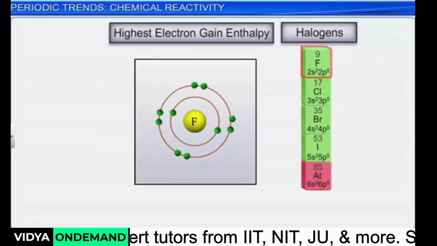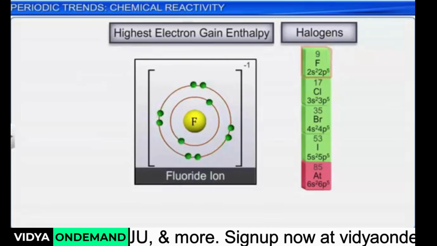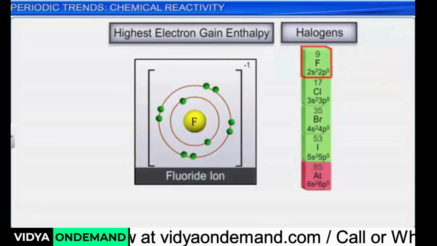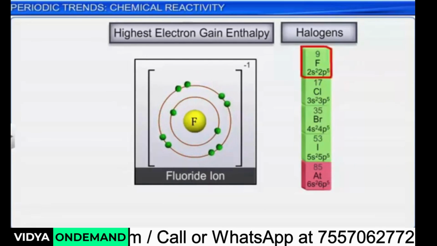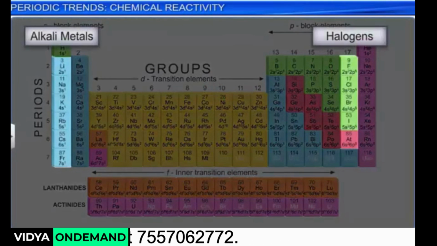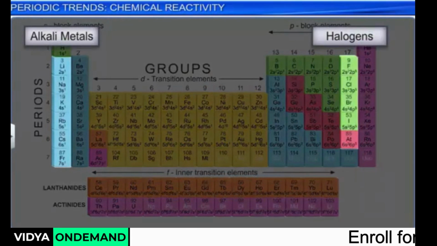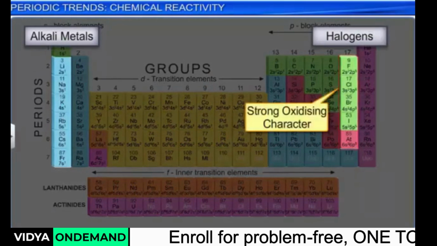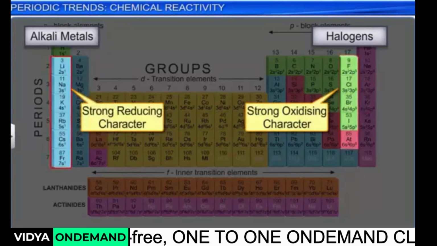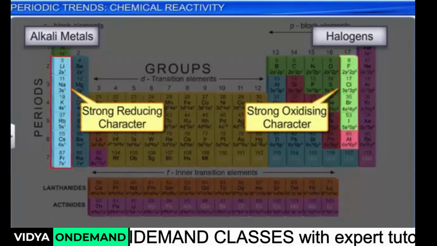This property of forming cations and anions can be related to the oxidizing and reducing behavior of the elements. The chemical reactivity of an element is best shown by its reactions with oxygen and halogens.